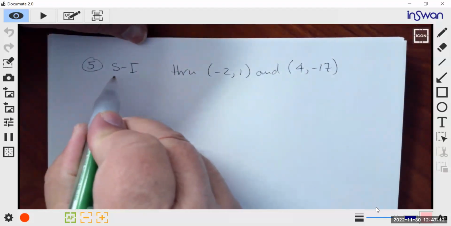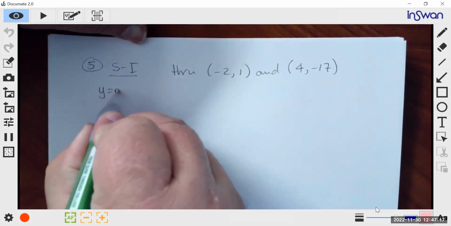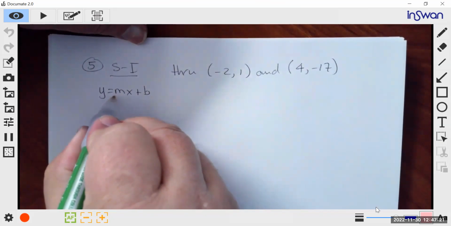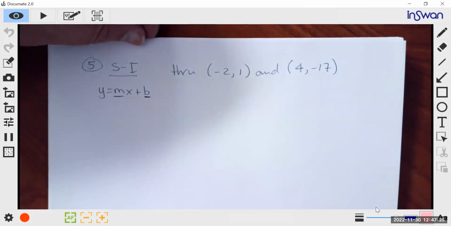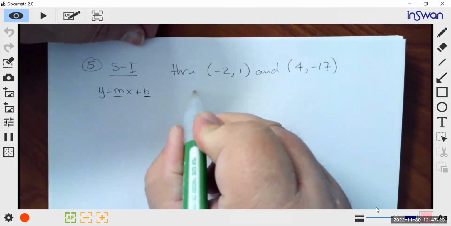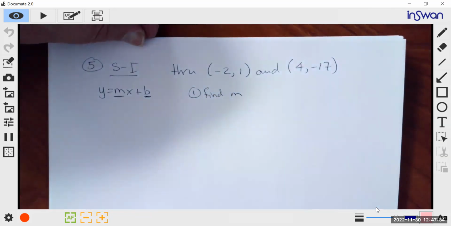So what does the slope-intercept form look like? y equals mx plus b. We have to define the slope and the y-intercept. So we have 2 points. Let's find the slope.